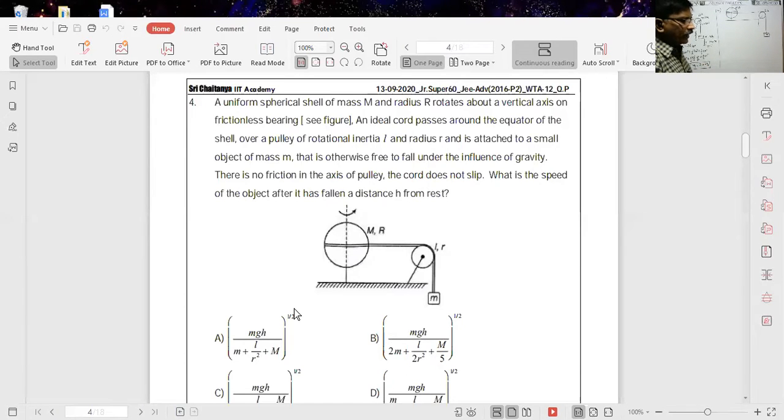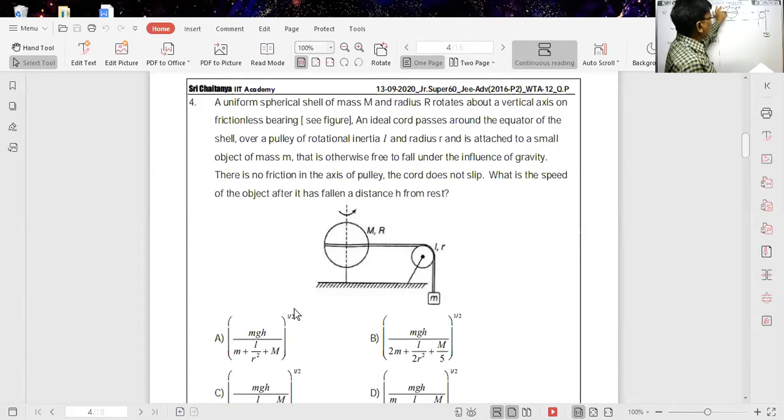A uniform spherical shell of mass M and radius capital R rotates about a vertical axis on a frictionless bearing. See the figure. An ideal cord, meaning of negligible mass, passes around the equator of the shell. Equator means the diametrical plane.